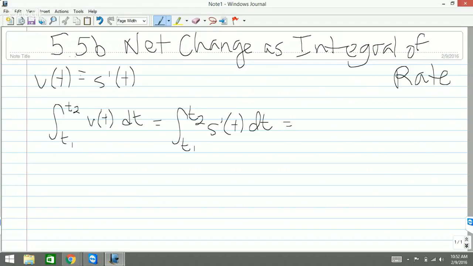The integral of s prime of t. The integral of a derivative, just evaluate. So this is what we call displacement.